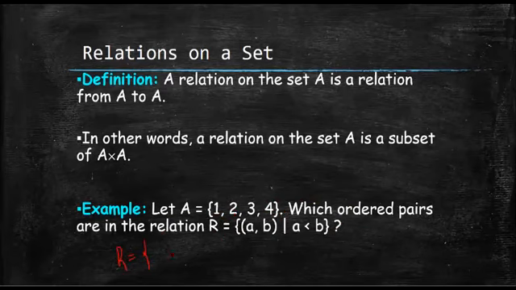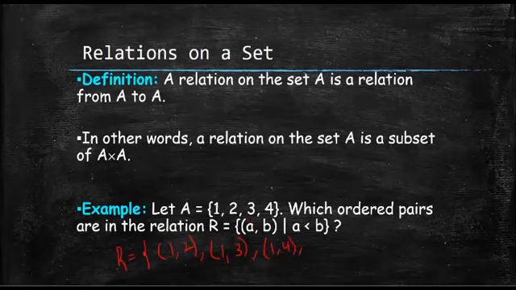1 comma 2, 1 is less than 2, so yes. 1 comma 1, no, we can't write 1 comma 1 because 1 is not less than 1. So we'll begin the relation with 1 comma 2. 1 comma 3 is also valid, 1 comma 4. Then 2 comma 1 is not valid and also not 2 comma 2. Then we will write 2 comma 3, 2 comma 4, and then 3 comma 1, 3 comma 2, 3 comma 3, all of these are not valid. 3 comma 4, and then 4 comma 1 till 4 comma 4 are not valid.